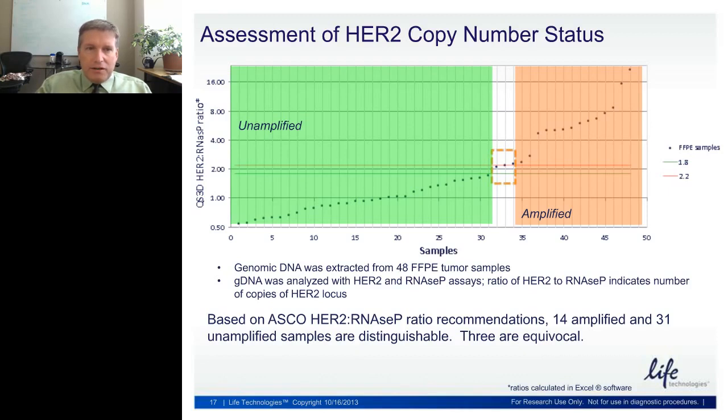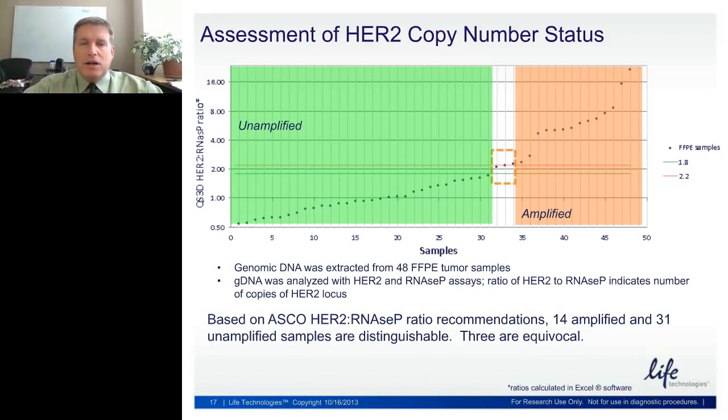These samples here are not amplified. But these samples that are here in the center fall between the 1.8 to 2.2 ratio that the ASCO, American Society of Clinical Oncologists, recommends as having a HER2 amplification. So these would be in the equivocal category.